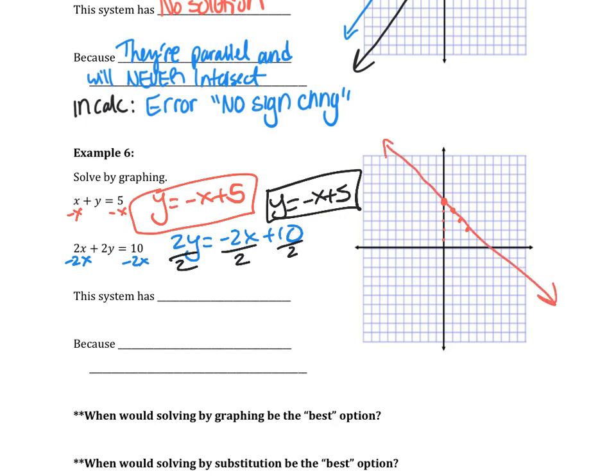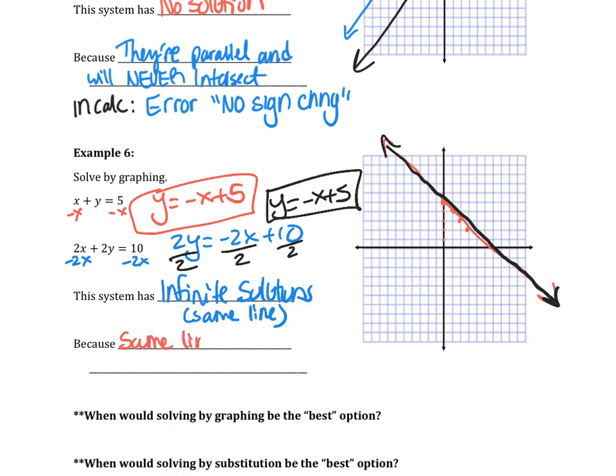And so if it's just the same line graphed on top of itself, we're trying to find the points of intersection. Well, it's going to intersect at every single point. This is where we have infinite solutions. This is when you have the same line. And that's because the same line, they intersect at every point.